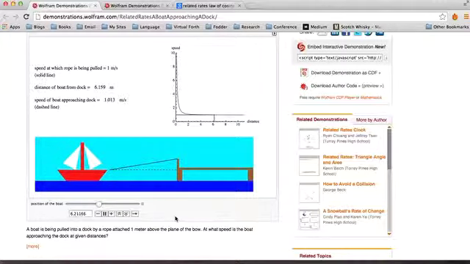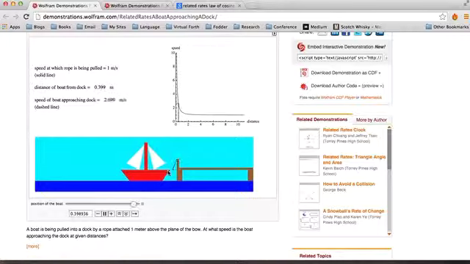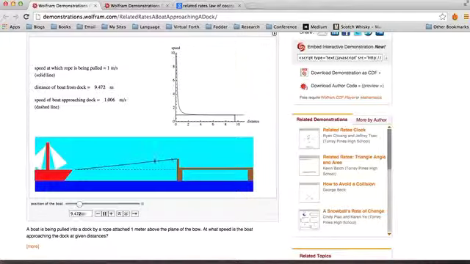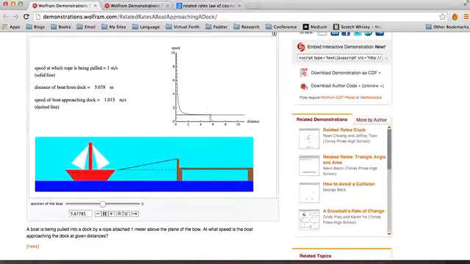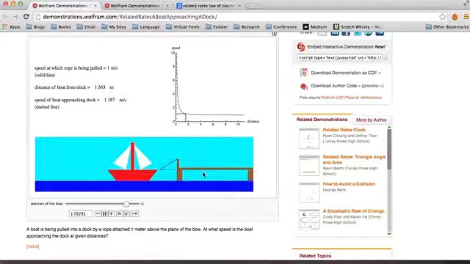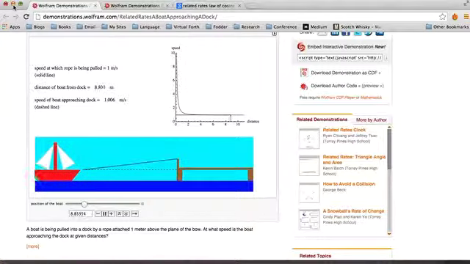This is what's happening. Now, this is not exactly the scenario that we have, but this is generally what's going on. Now, the hypotenuse is the rope. This is that 6 meters right here, and the dashed line is the lateral distance from the boat to the dock.